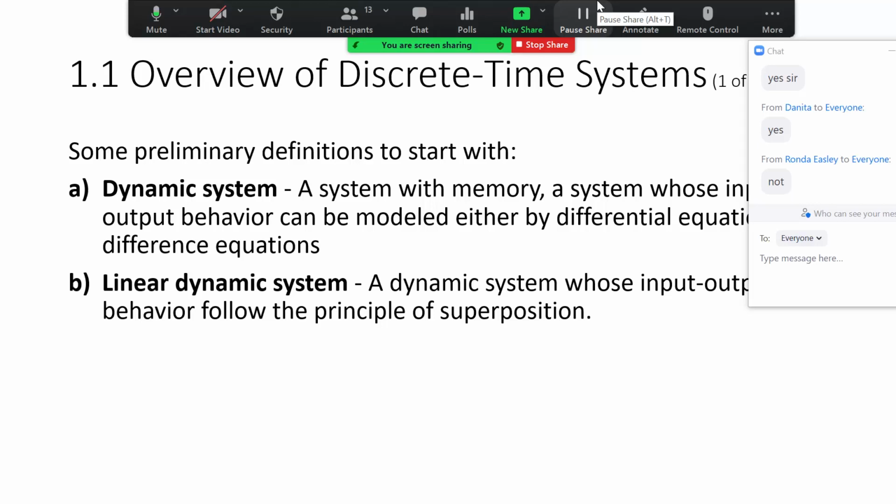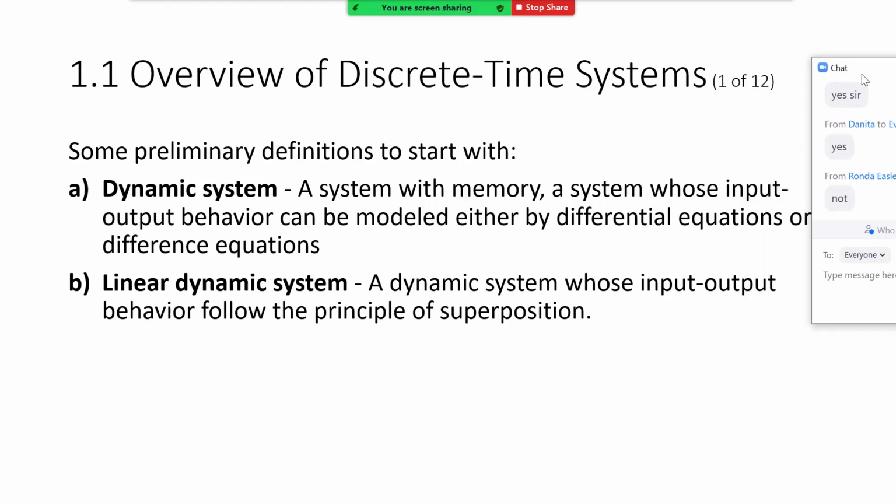Systems that have memory create a dynamic system. An inductor, a capacitor, all these will have memory, and what you get at any time will depend on the initial conditions, and therefore we have derivatives and integration to calculate the response of that system. So systems that have memory are dynamic systems, and usually we describe the behavior of that system using differential equations, if they are continuous time systems.